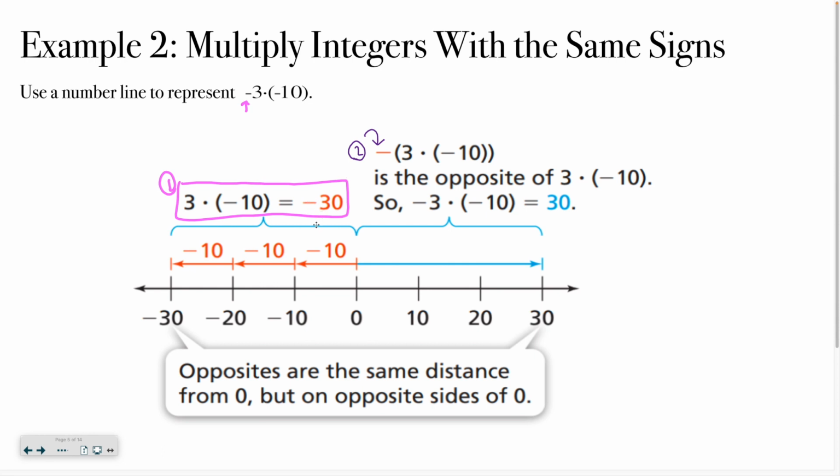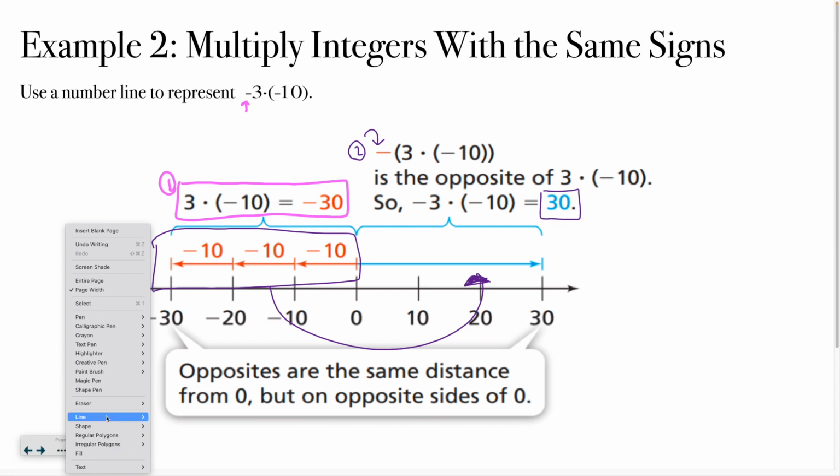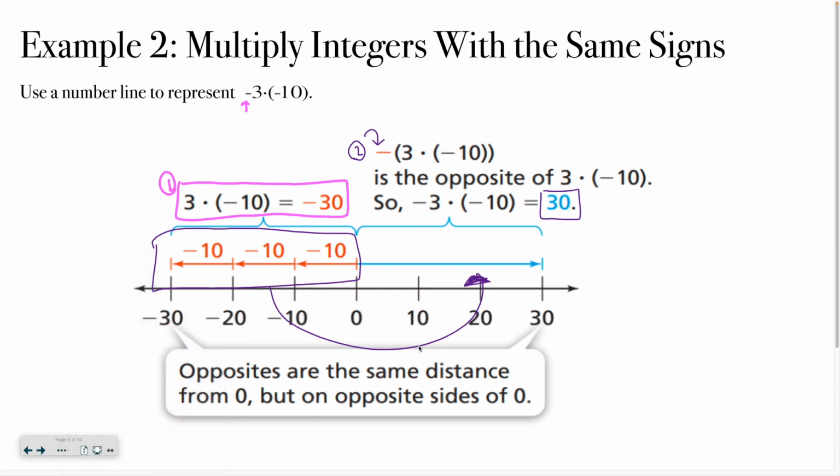It would be a +30. So that's how they took this section here and they flipped it over to this side to represent that the final answer would actually be a +30. Okay, so this diagram shows you that a negative times a negative equals a positive.